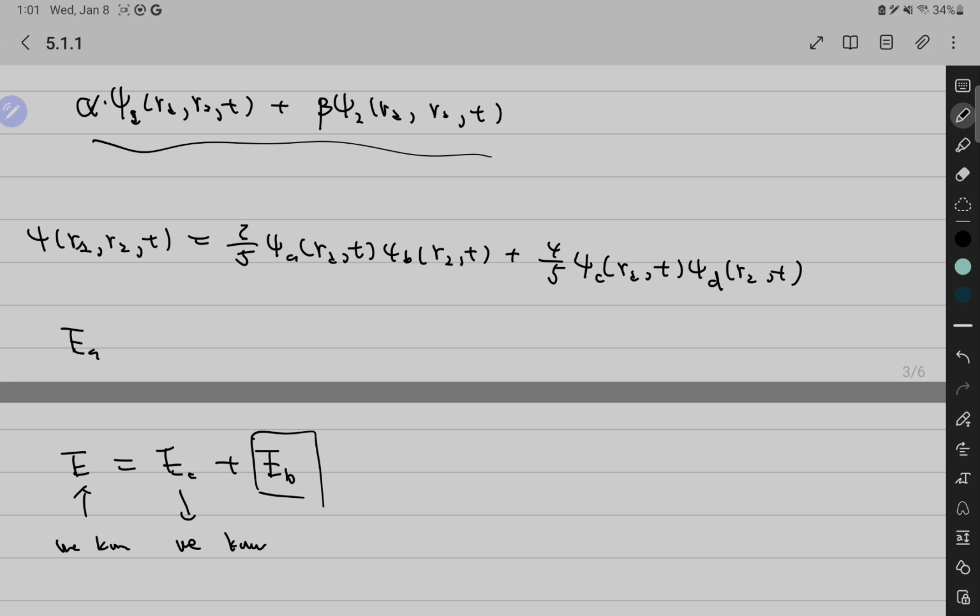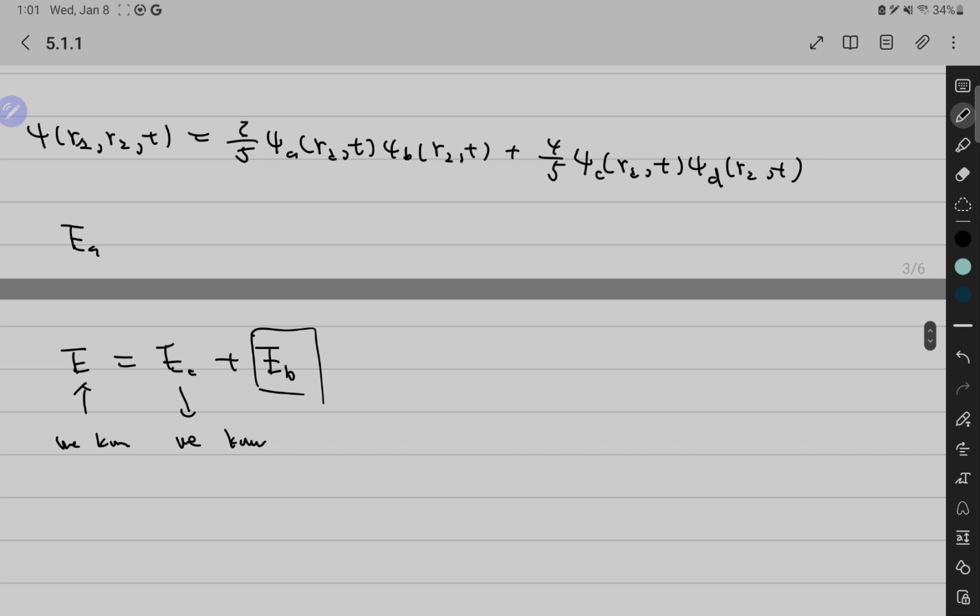Because there is some sort of probability and uncertainty to the energy A and B, just like the position or the momentum. But what happens when they're entangled is that if you measure energy A, you can always know energy B.